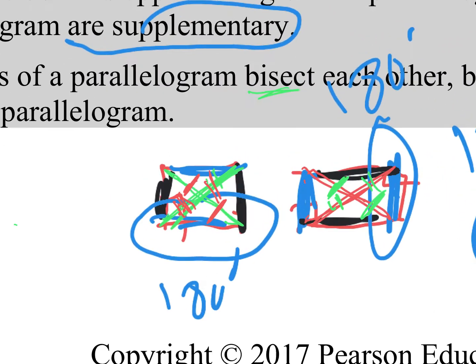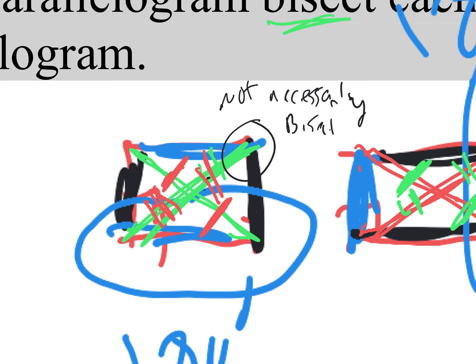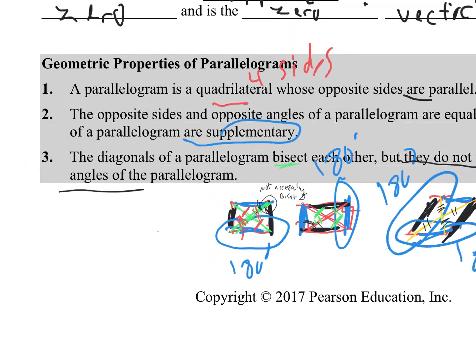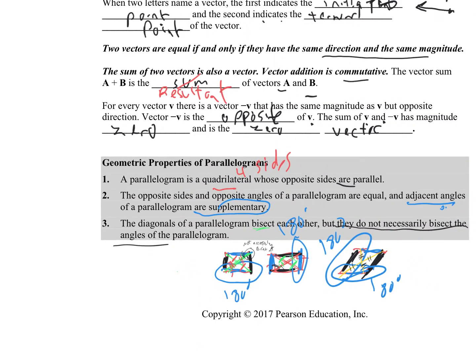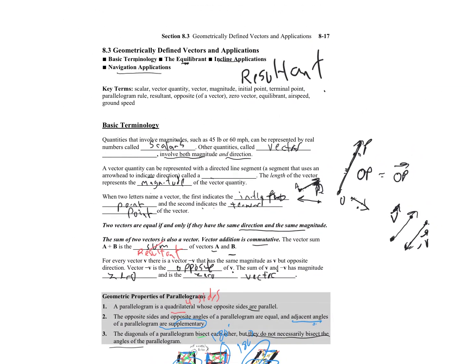Just because you cut the segment in half, that doesn't mean you bisect the angles. This side could be bigger than this side. This angle could be different than this angle. So, could be. Maybe there's a special parallelogram where it is bisecting the angles.